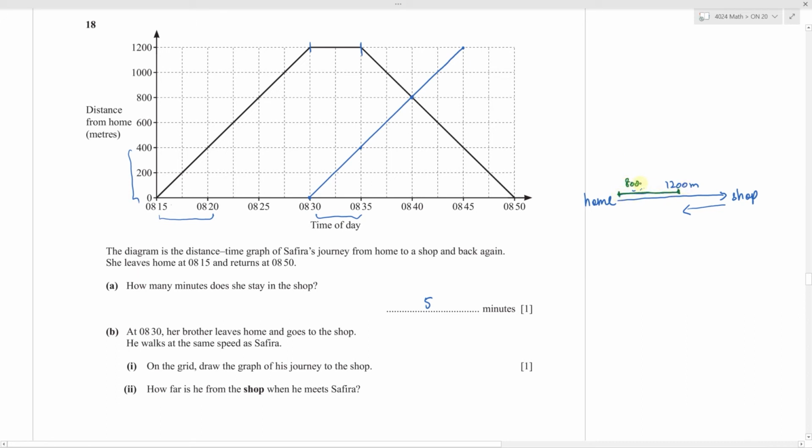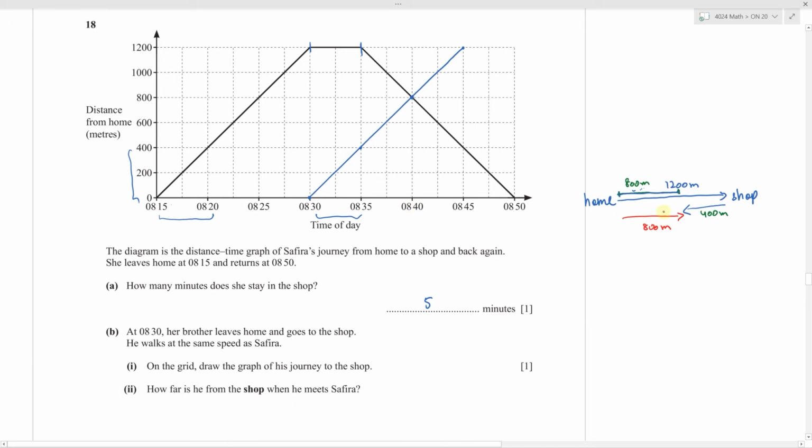So this distance is 800 meters and this distance is 400 meters from the shop because the total distance is 1200 meters. So she's traveled 400 meters back from the shop, and her brother is at 800 meters from the home, going in this direction while Safira is coming back, and they cross each other at this point at 8:40.